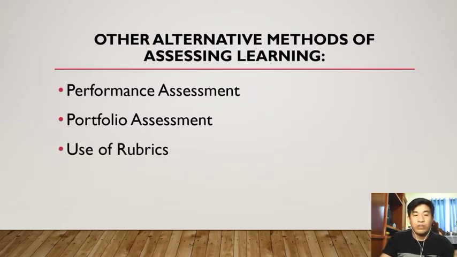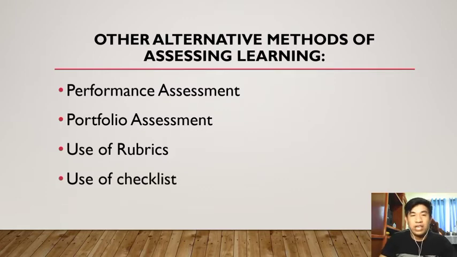So, the use of rubrics. Rubrics have criteria for judging. Actually, rubrics are the guide of the teachers on how to rate the students. Through the use of rubrics, being biased is also avoided. So the teacher will rate the students' output according to the predetermined criteria that are agreed upon between the teacher and the students.